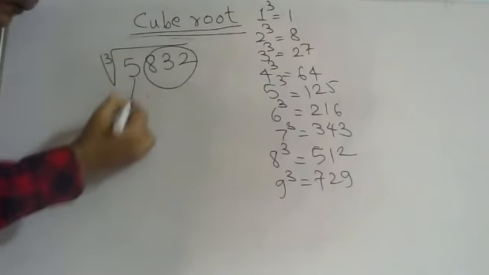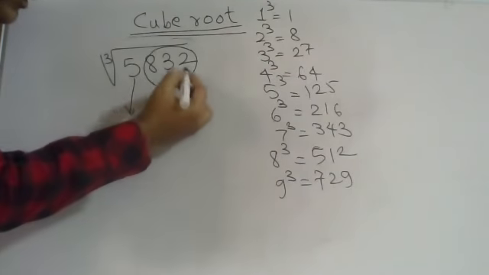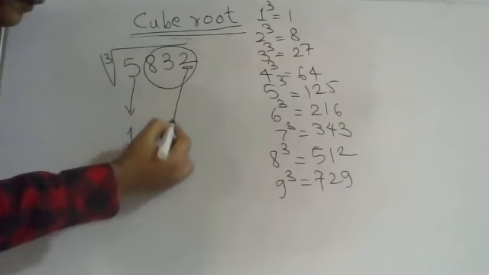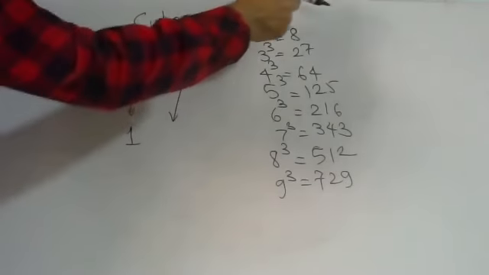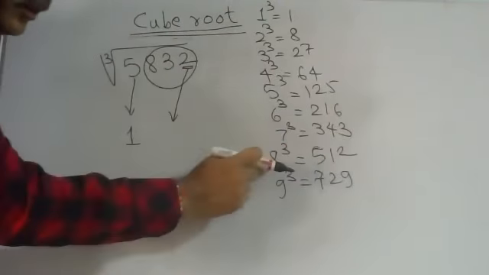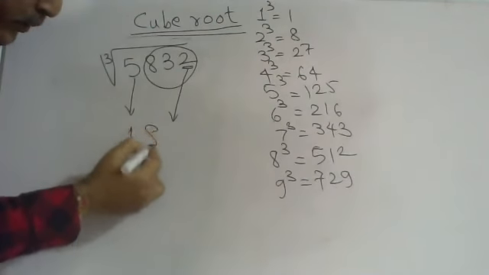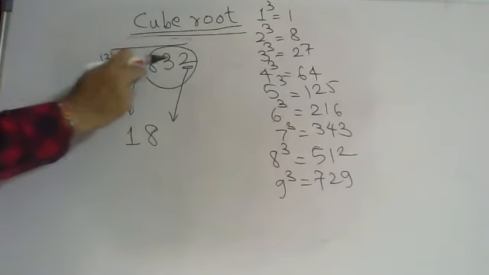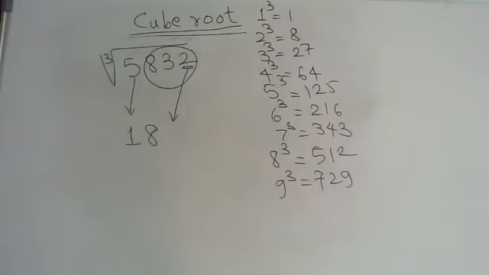So write down 1. 2, where we can see here 2, here. Write down 8. So cube root of 5832 is 18.